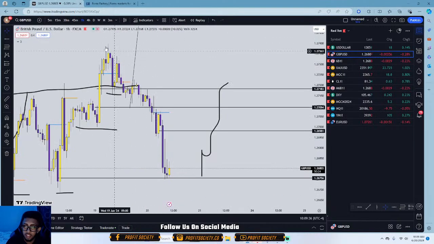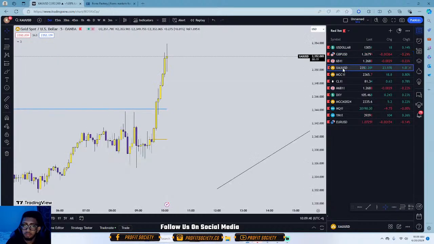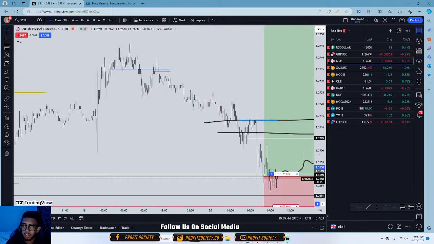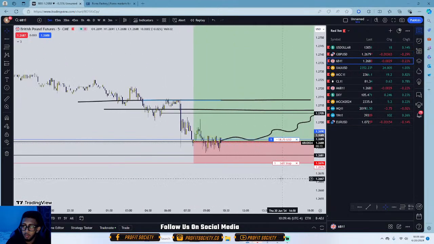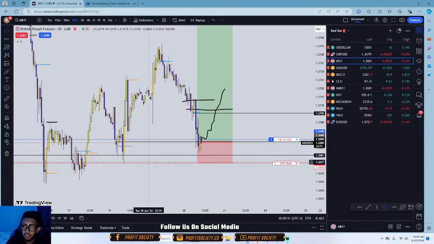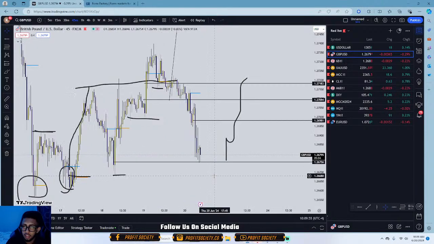So let's see. The stop loss on GBP USD is right below this 1 hour wick. So it should be 266.82.